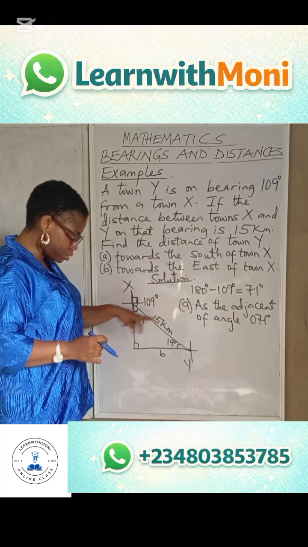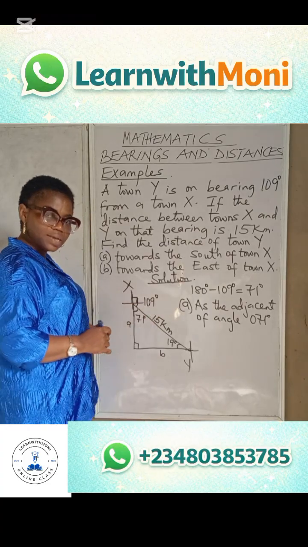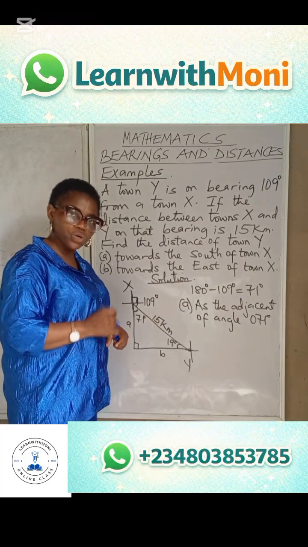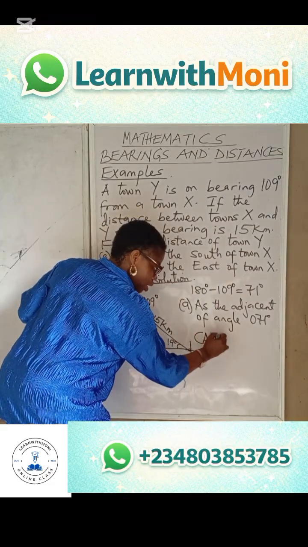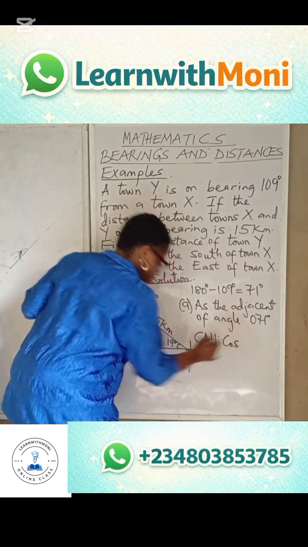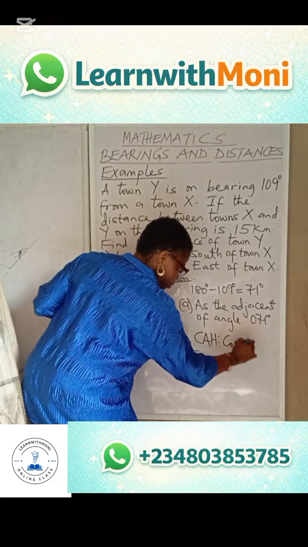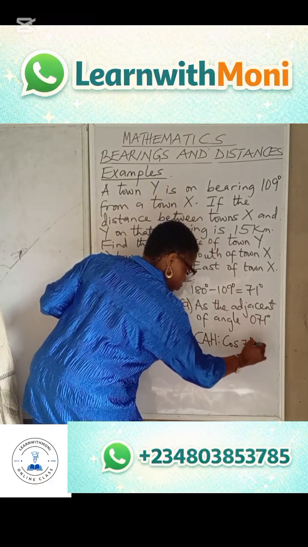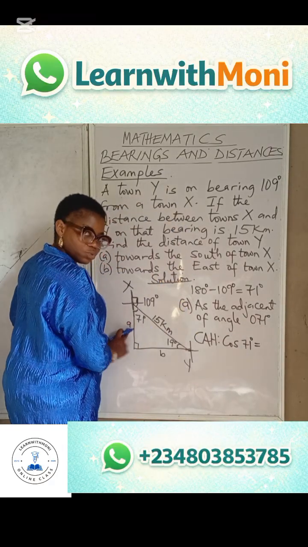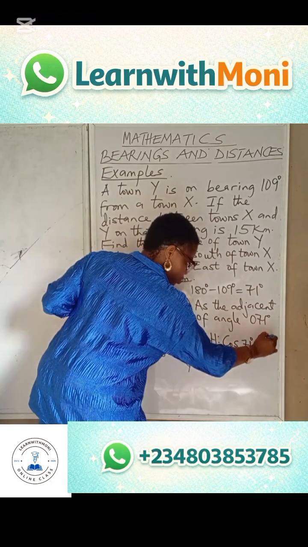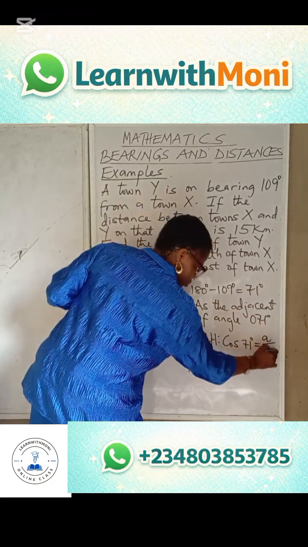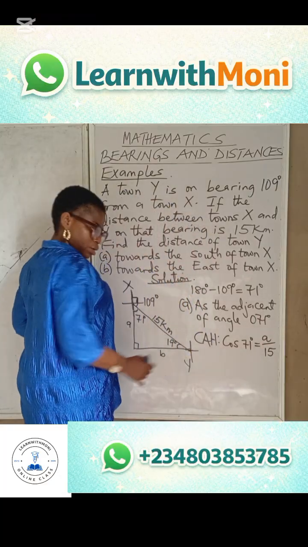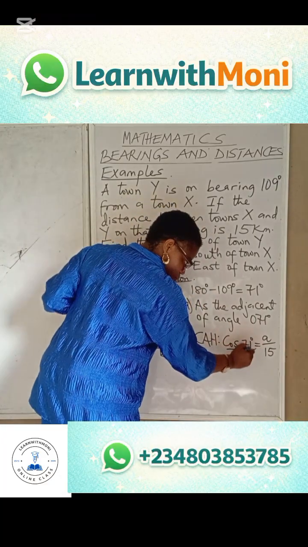Adjacent and hypotenuse are represented in the trigonometric ratio CAH. CAH says cos of 71 degrees is equal to the adjacent, which is A, over the hypotenuse, which is 15 kilometers. This is cos 71 over 1.